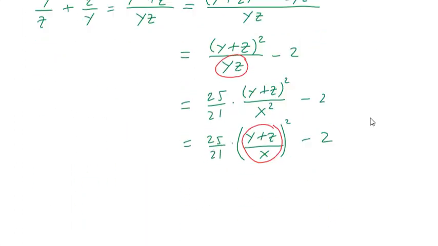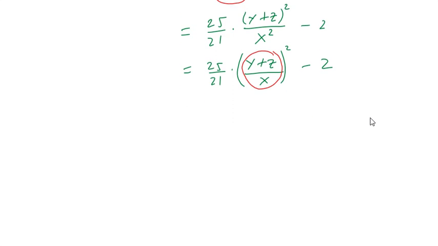So we have 2 over x times 21 over 25x squared equals (z plus y) over yz times yz.